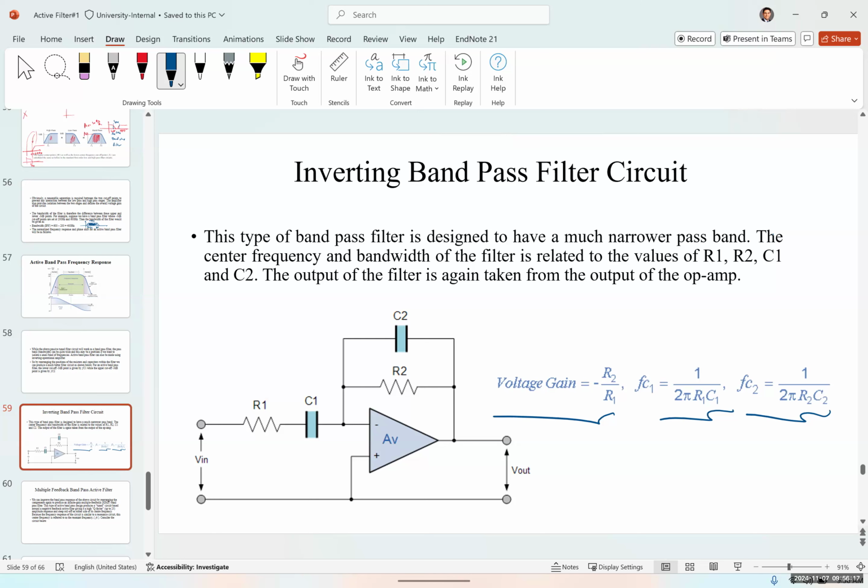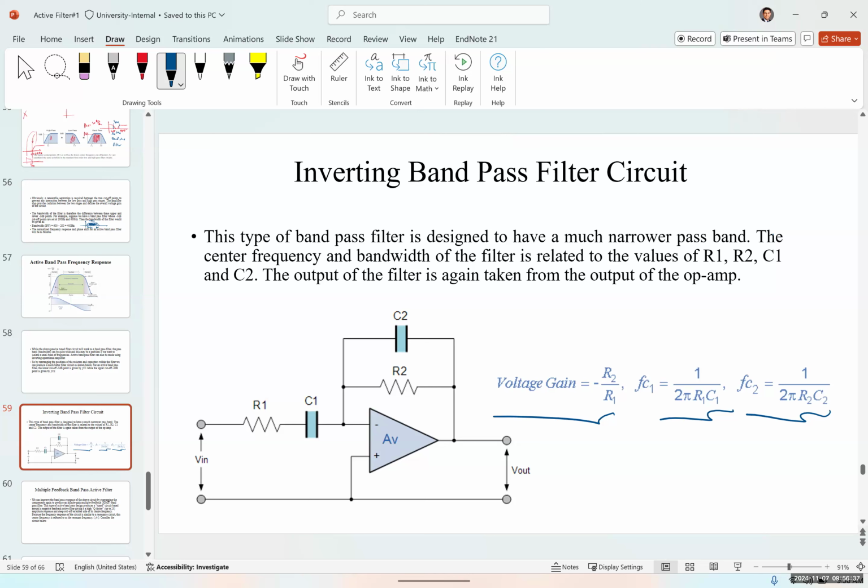Low pass meaning it passes even a DC signal. Which one of these can pass, and which one actually blocks a DC signal? C1, perfect. So C1 is our high pass filter and C2 is used as our low pass filter, okay?